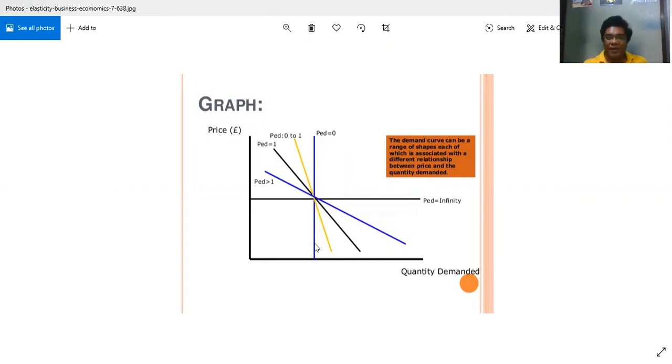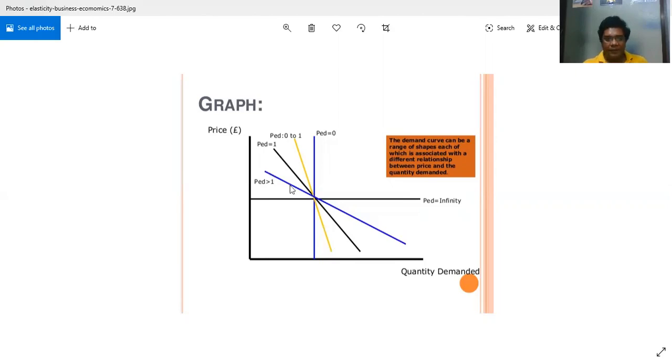Next, the vertical line, this is the perfectly inelastic one and the value is 0. Then the middle one, the middle line is the unitary elastic. All right, and the value is 1 because there's an equal percentage change in price and quantity.